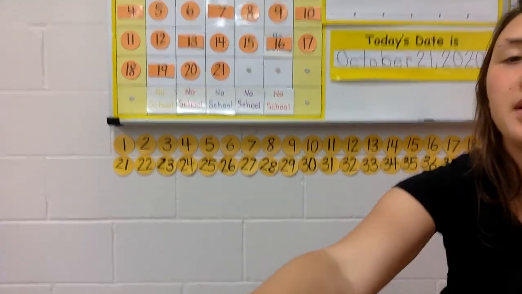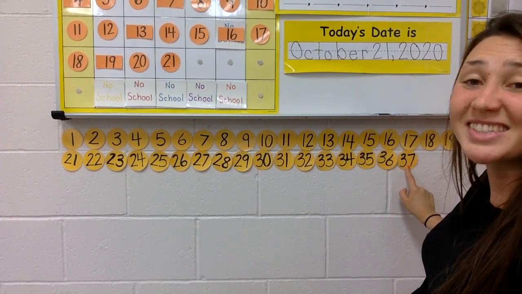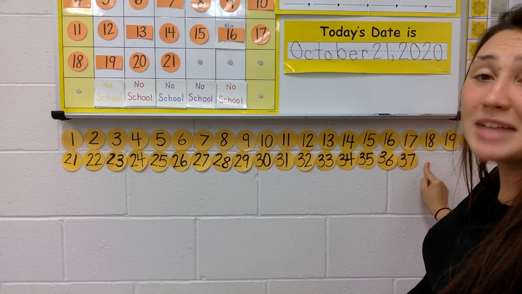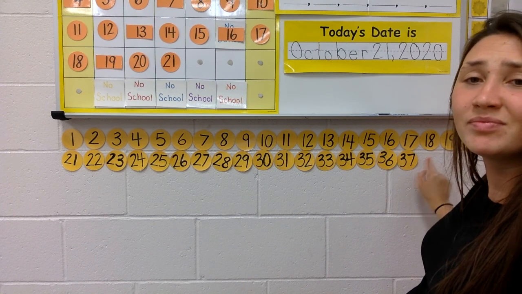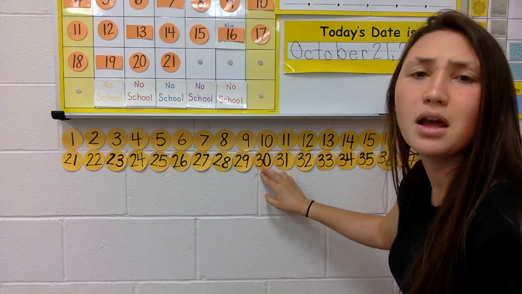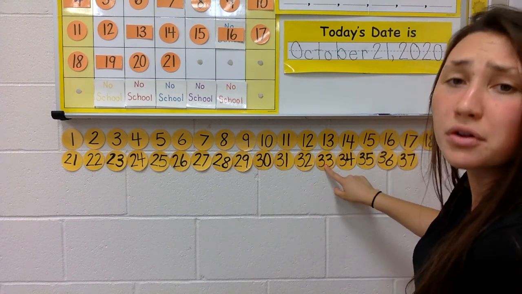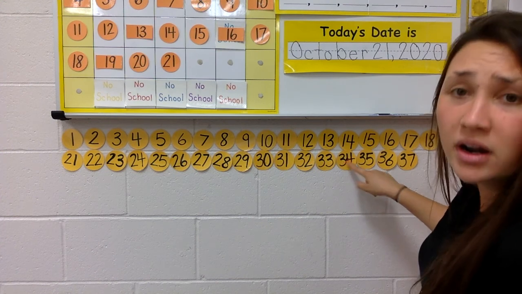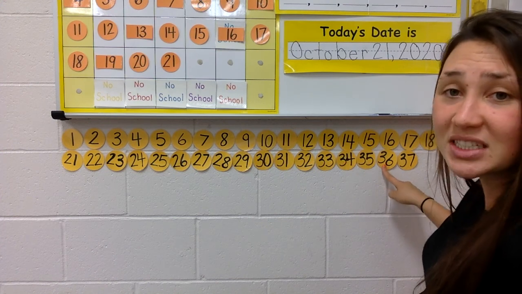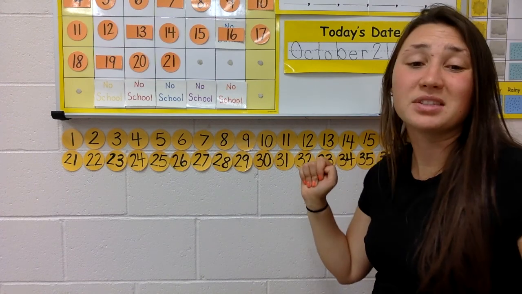Yesterday, you can't see it. Okay, yesterday we had 37 days. What comes after 37? Let's start from, count with me from 30. Ready? 30, 31, 32, 33, 34, 35, 36, 37, 38 comes next, right?